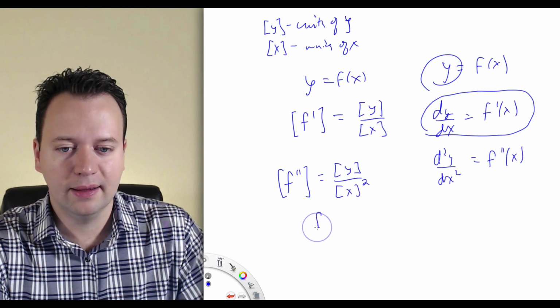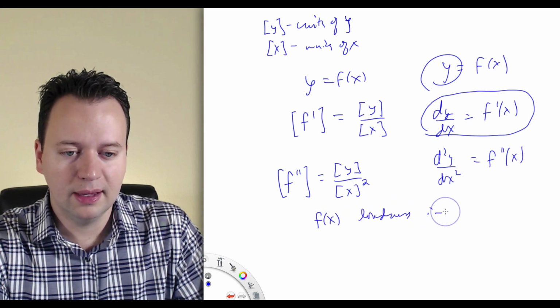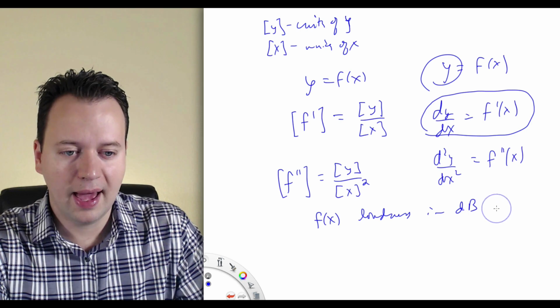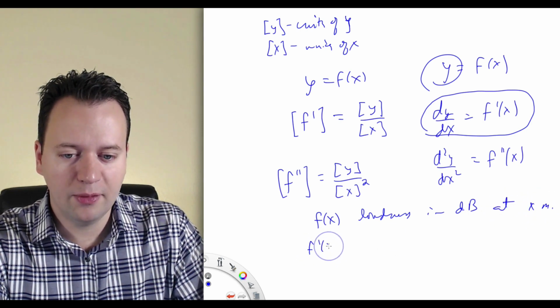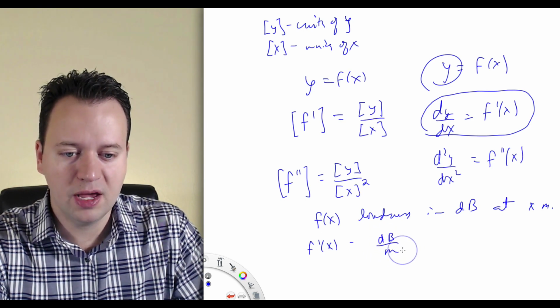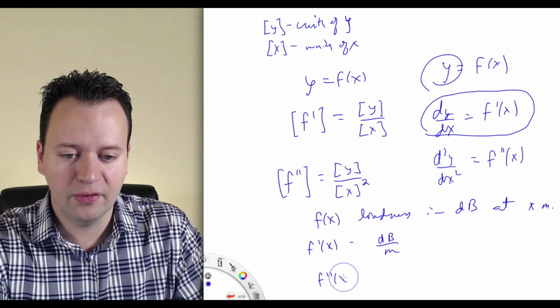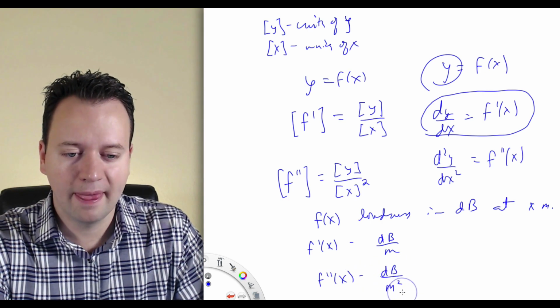So let's say f of x is your loudness in decibels at a distance of x meters. Then f prime of x will be decibels per meter, and then f double prime of x will represent decibels per meter squared.